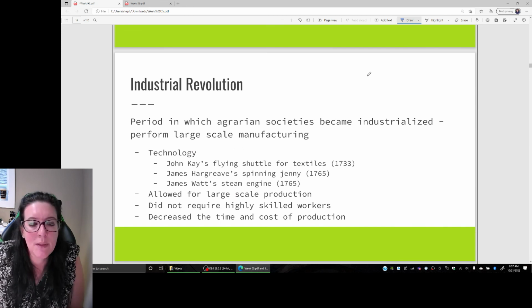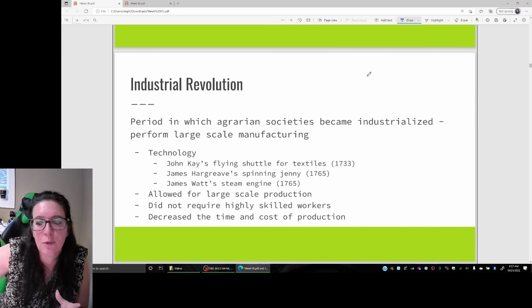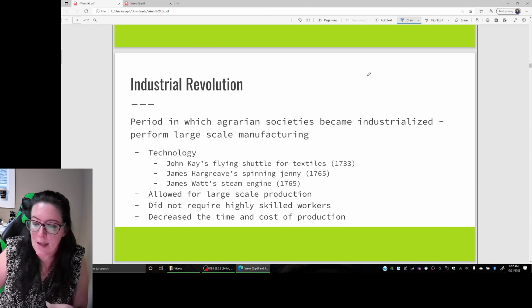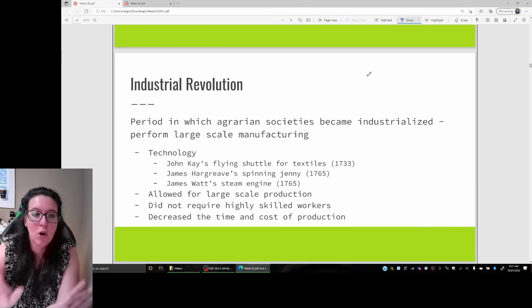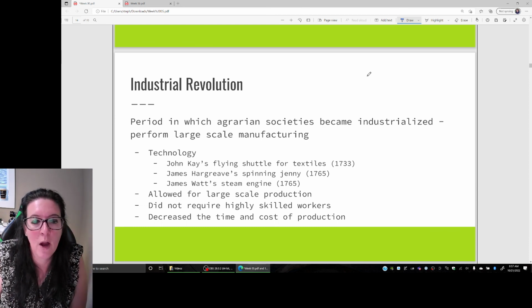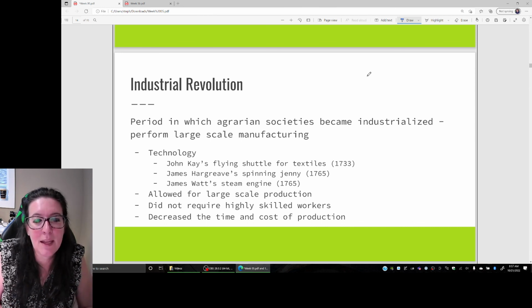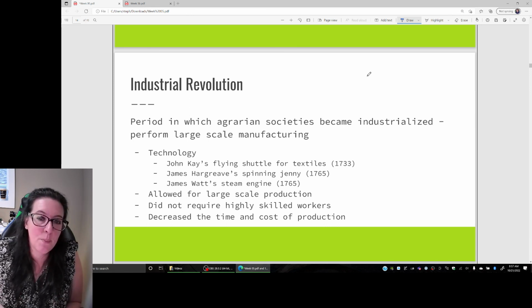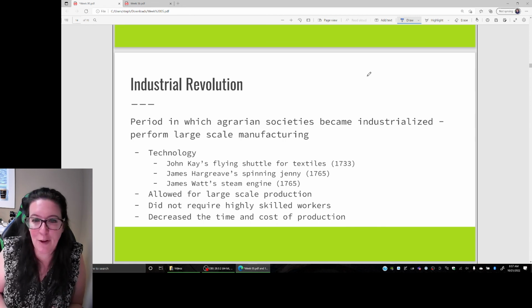So what we see with the Industrial Revolution as we're moving through the history of management is that we're moving from that craft production, where we have highly skilled workers, but the quantity is low, the variety is high, so it's slow and costly, to a period of time where we have factory production, large-scale manufacturing.